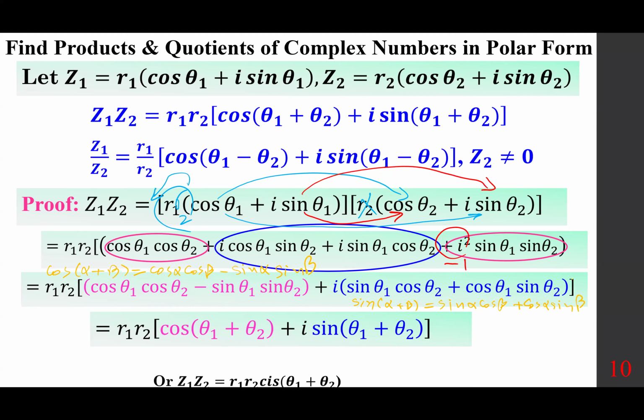Therefore, Z1 Z2 is R1 R2 cis theta 1 plus theta 2. So we proved if we are multiplying two complex numbers in polar format, we multiply their modulus, their magnitudes, and then for cis, we add up their arguments.